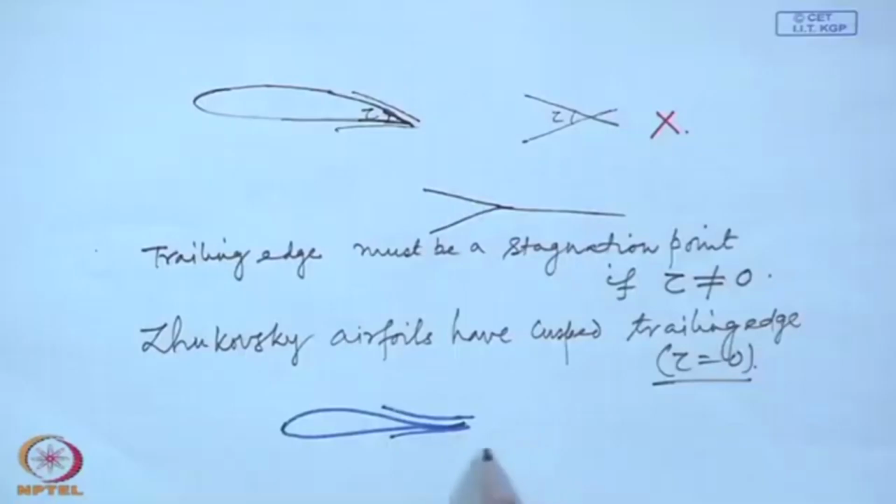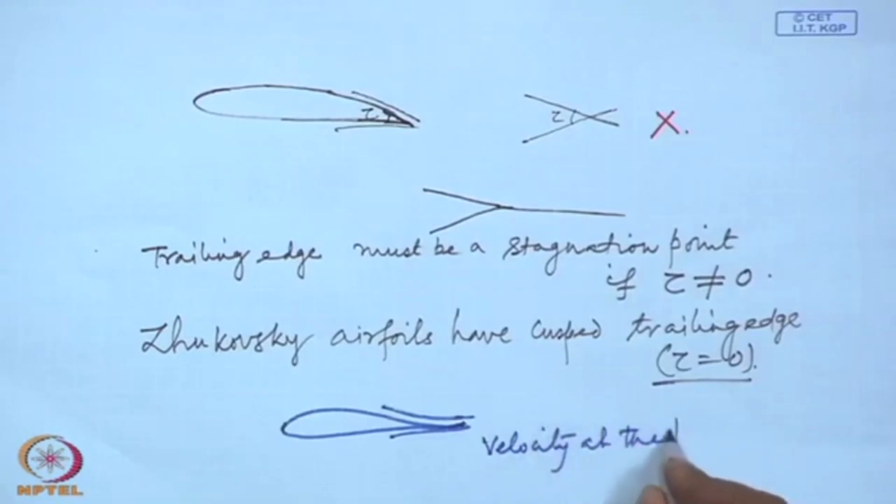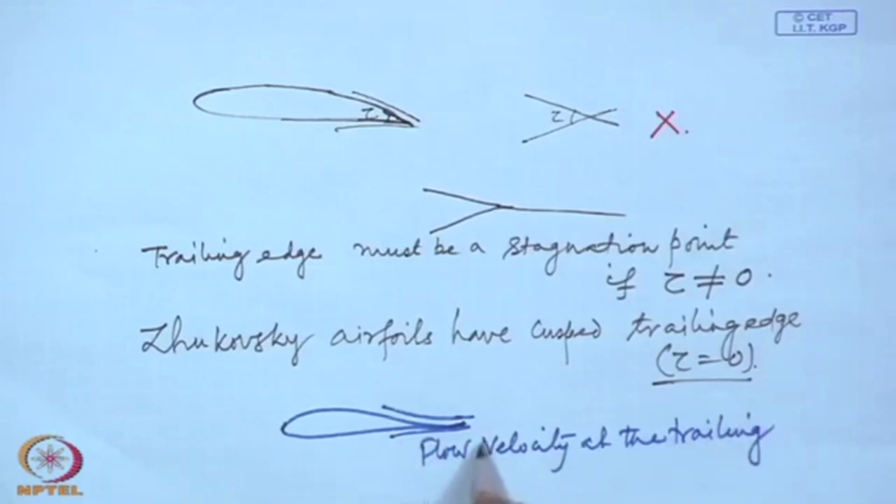So, in this case the flow velocity at the trailing edge is finite.